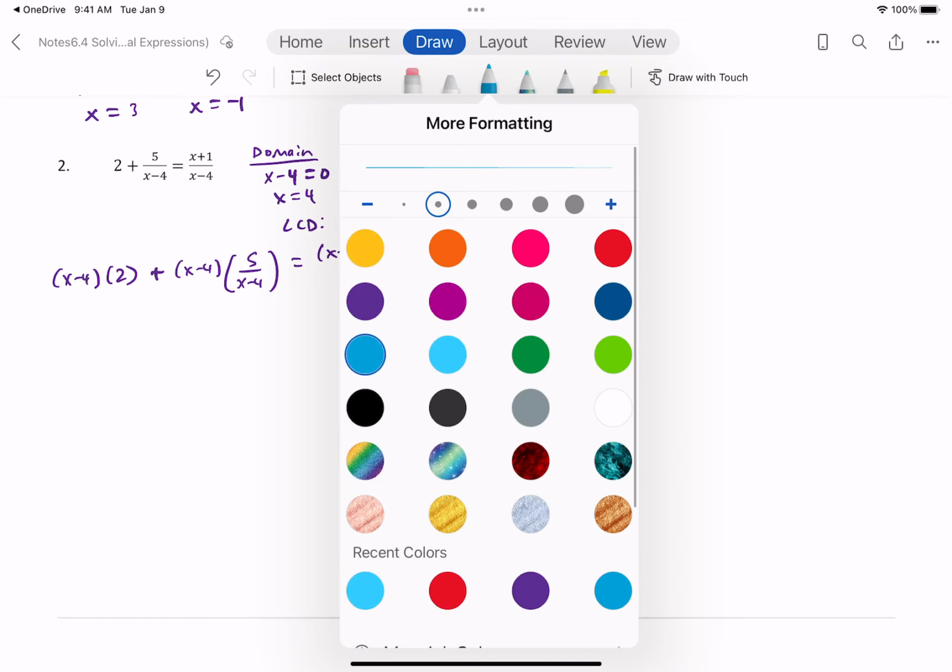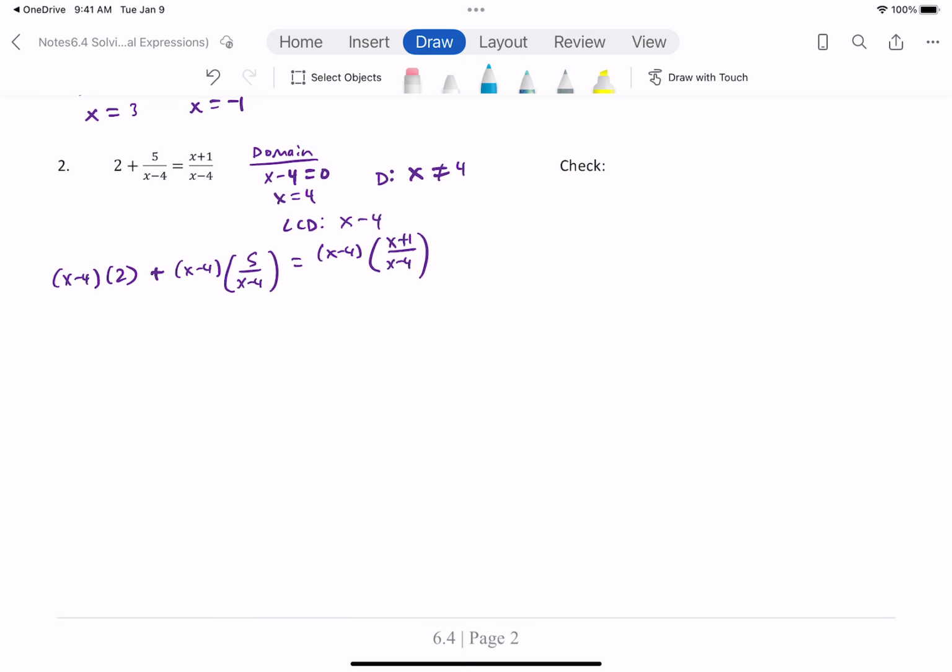All right, so from the first term, we don't have a denominator, so we can't cancel anything out. So I like to rewrite this in the order that we're accustomed to seeing.